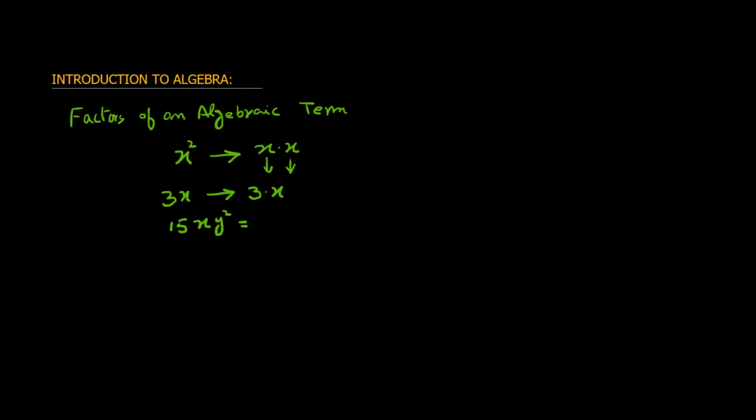This term can be written as 3 multiplied by 5 multiplied by x, multiplied by y and multiplied by y. So all these are the factors of this term.